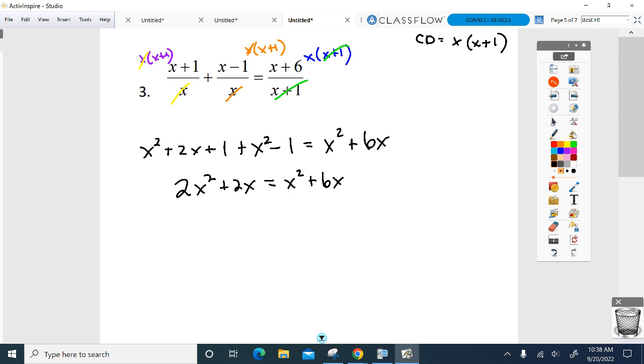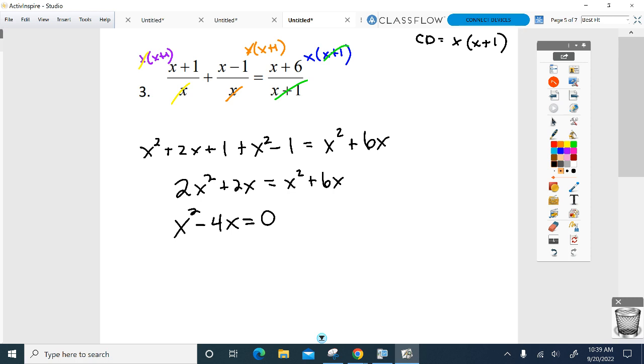Anytime I see an x squared on one side, I got to make one side equal to 0. Keep your x squareds positive. So you will have x squared over here with, what happens when you subtract 6x? Minus 4x equals 0. The reason you made it equal to 0 was so you could factor.